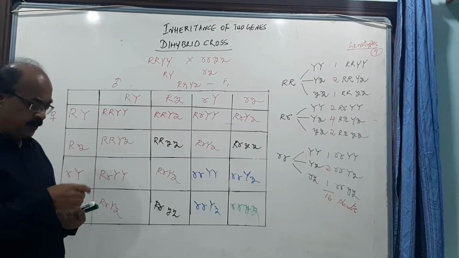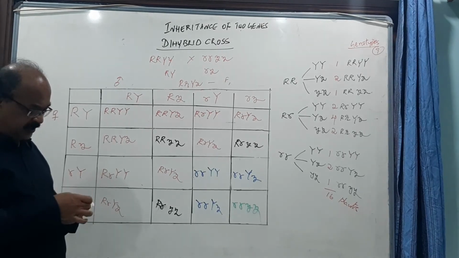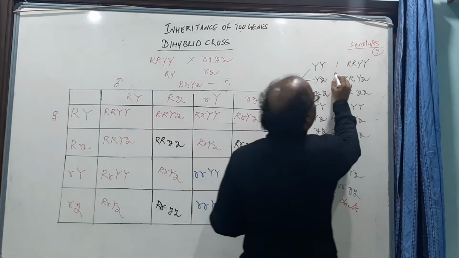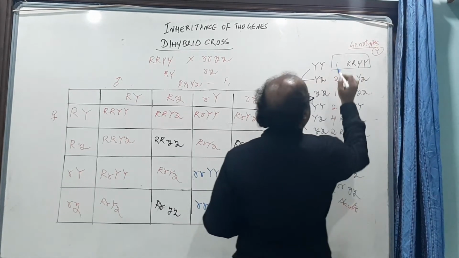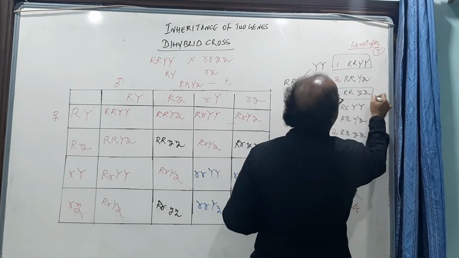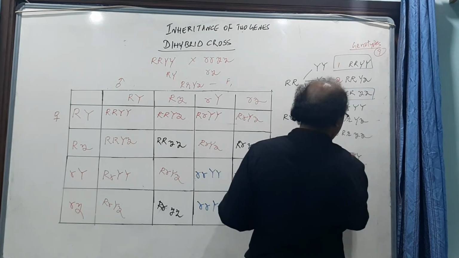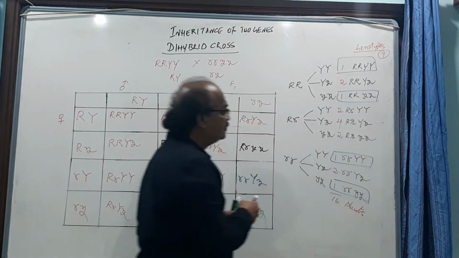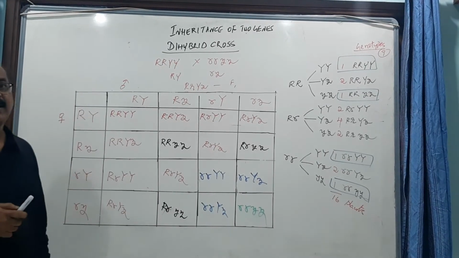Now here one important point. You please see. In this case, 1, 1, 1, 1. What is the common point?